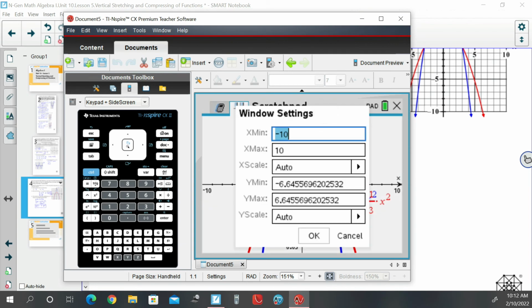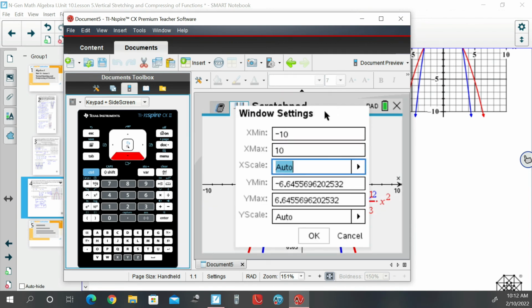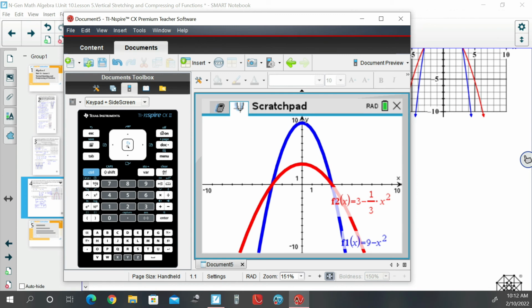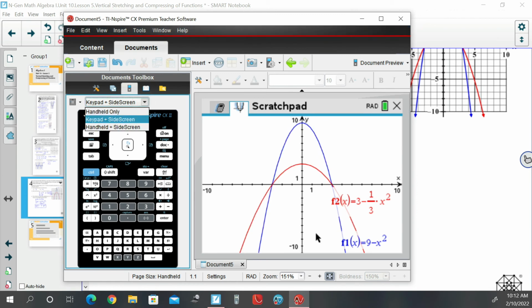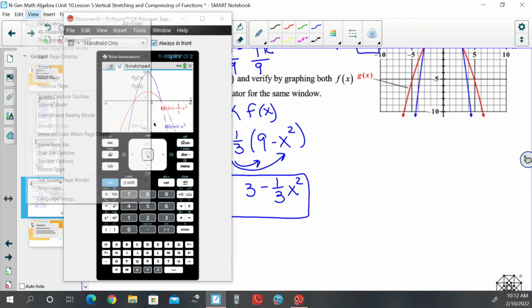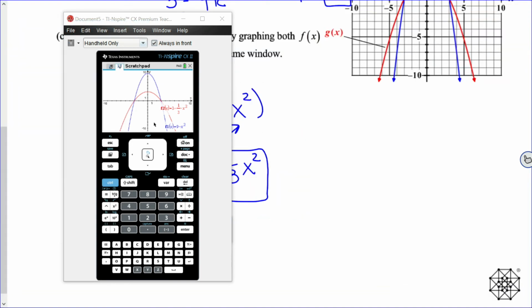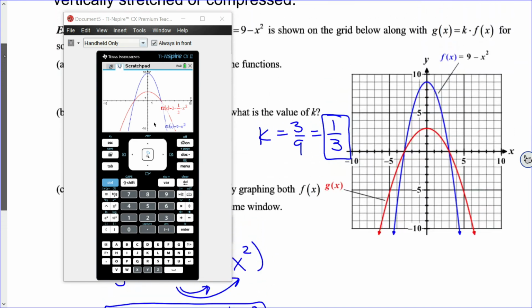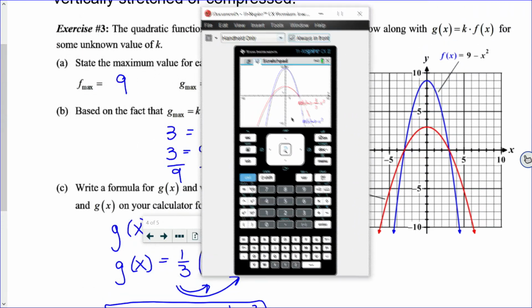Window settings, those are good. -10 and 10. Okay, let's take a look. I'm going to do handheld only, full screen, and let's move it up and let's compare.